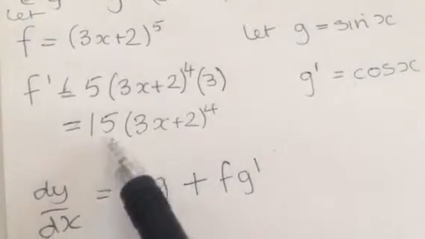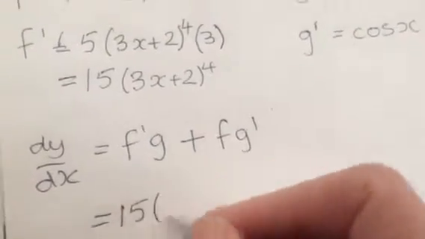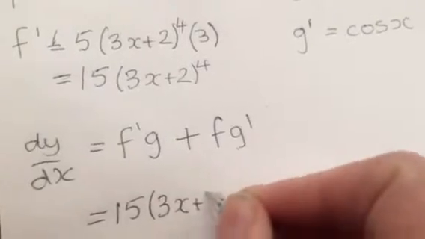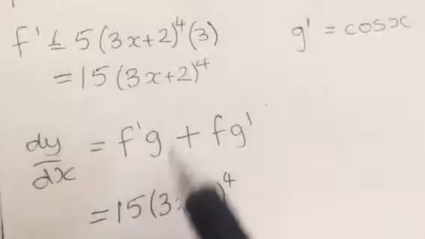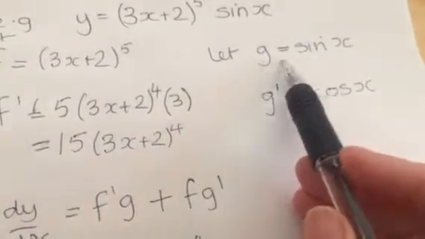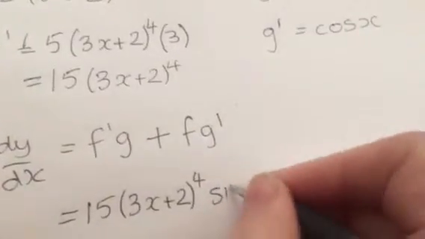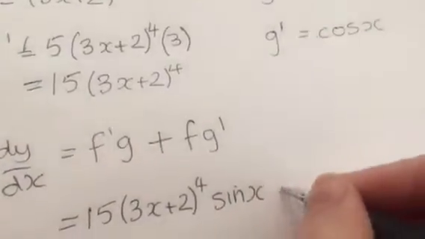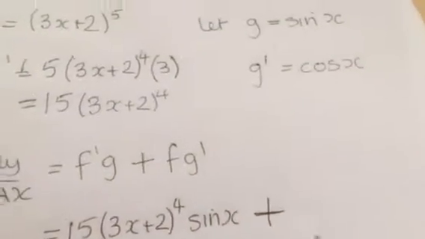So f dash g first, which is 15 (3x plus 2) to the 4. Just pause and double check you've not made any copying errors. Then multiply it by g, so make sure you pick up g, which is this line here, which is sine x. And then plus, big plus, so that you've got the two parts separately.